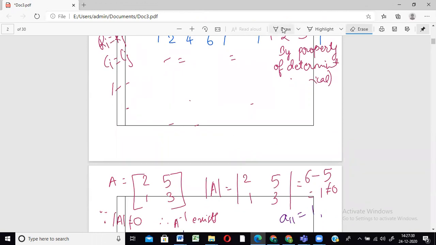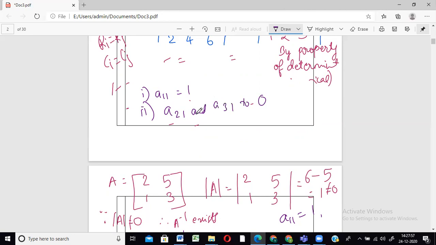So the first thing is to always make A11 equal to 1. A11 is the position, first row and first column element. You should always make it 1. Then the second step is to make A21 and A31 zero. A21 will be there for order 2, and A31 will only be there if it's an order 3 matrix, right?